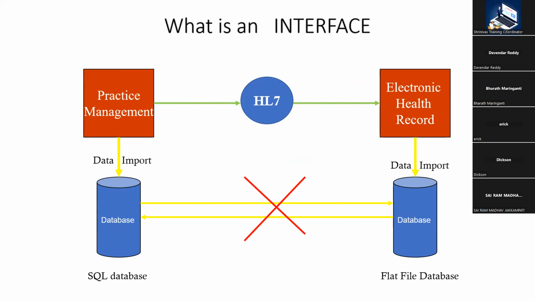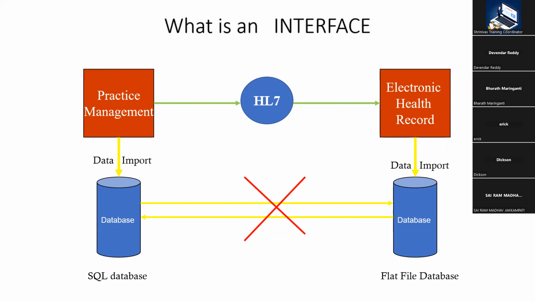The way we have bridges over rivers, which help us move from one corner to the other, in the same way, an interface is a bridge or a tunnel which helps messages exchange from the source system to the destination system.